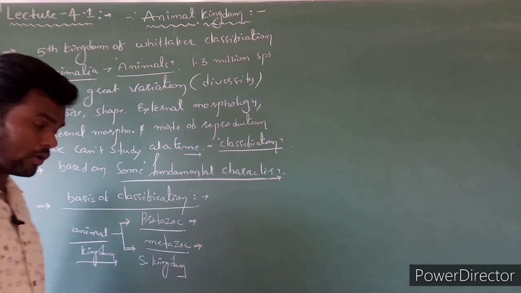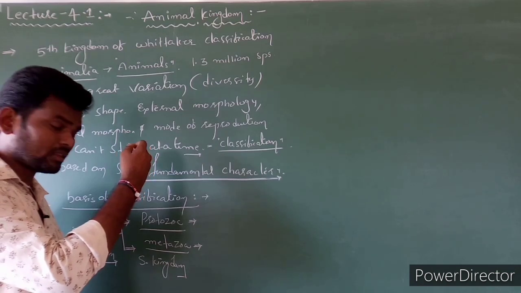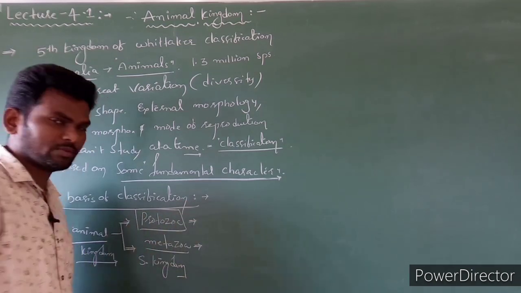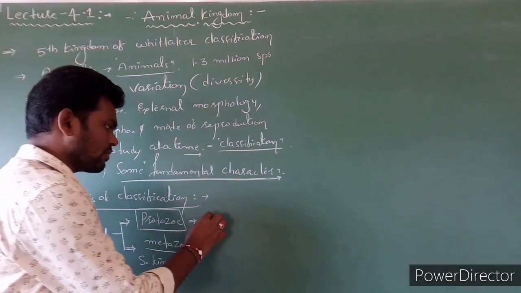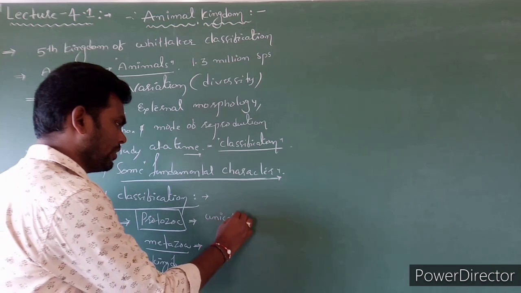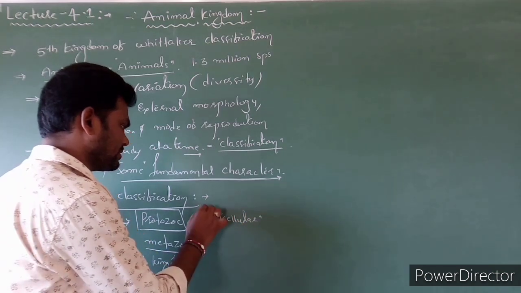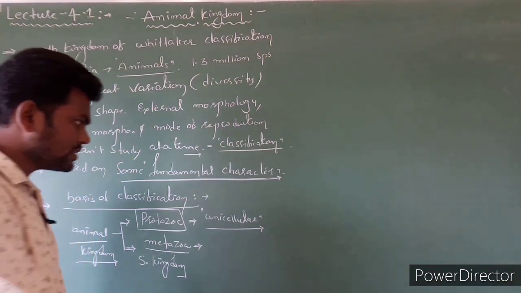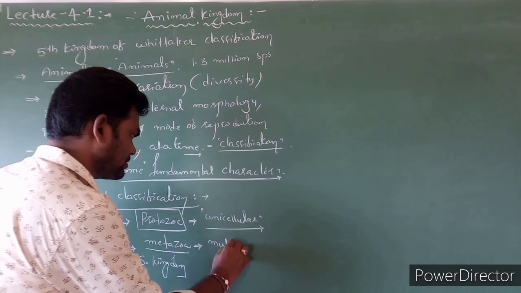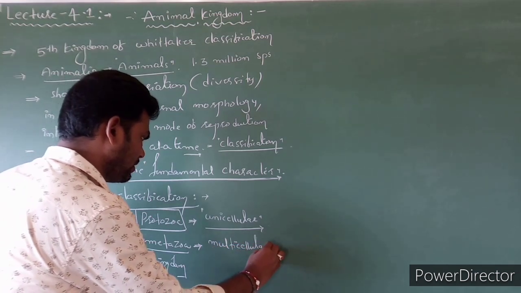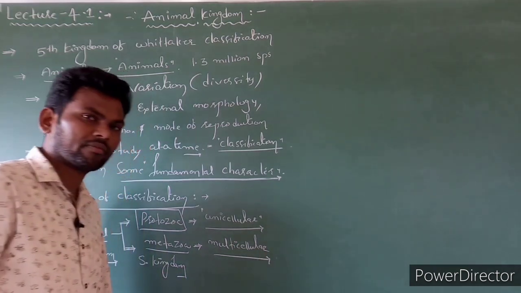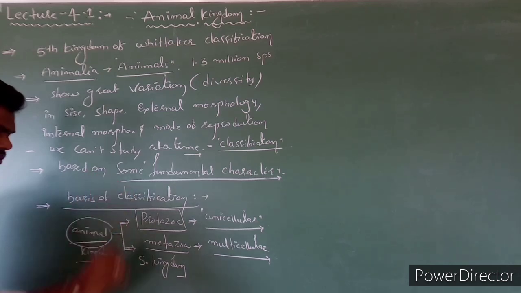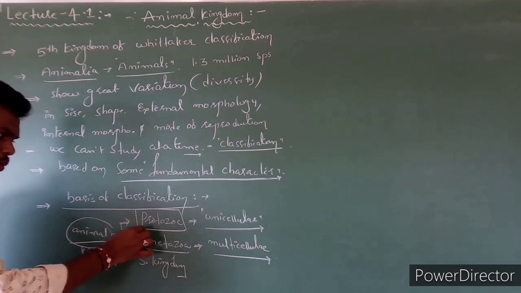This has been discussed in the second chapter regarding Protista. In Protista, protozoans were also discussed. Protozoans are unicellular animals. Metazoans are multicellular animals. So this is the first basic classification of the animal kingdom into two sub-kingdoms.